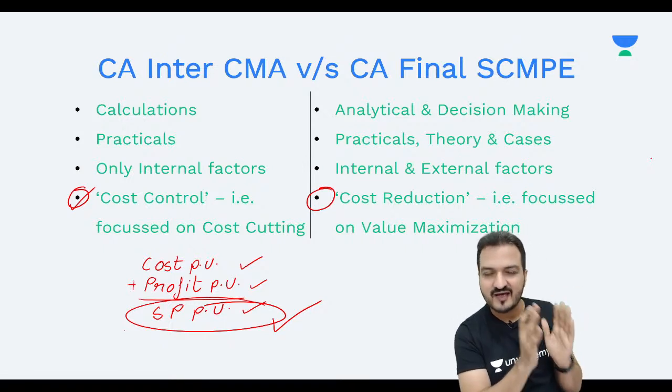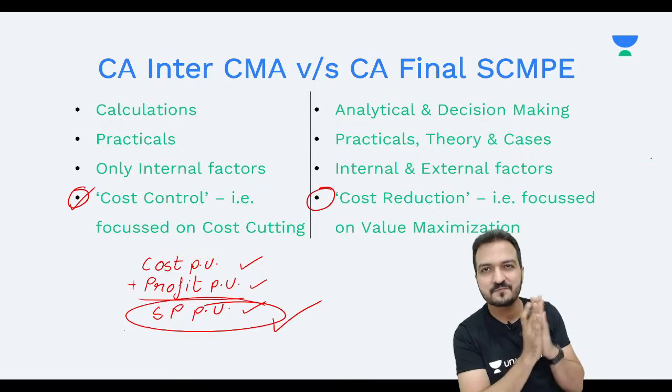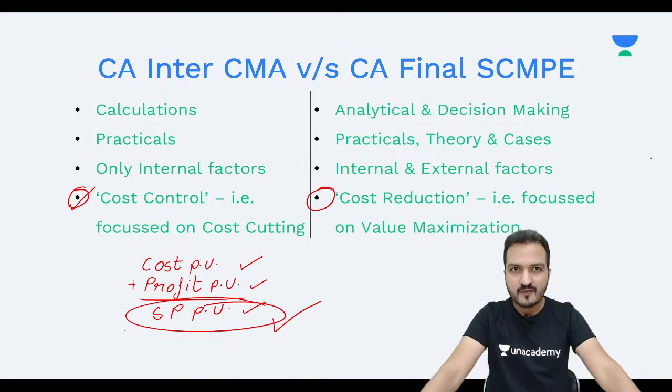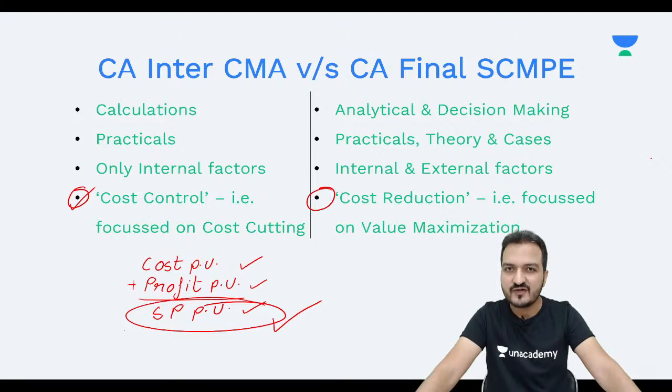This is the maximum hint I can give. Come on. Which chapter of costing was about cost control in your intermediate level?